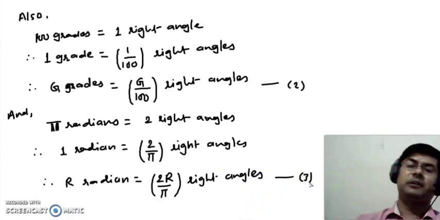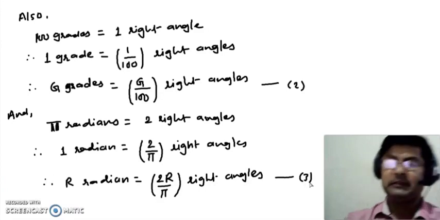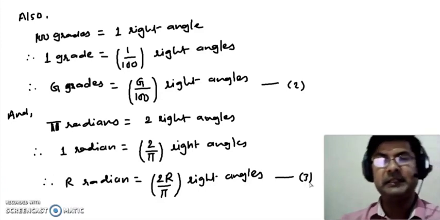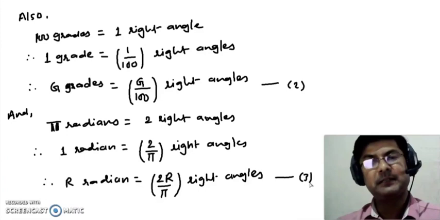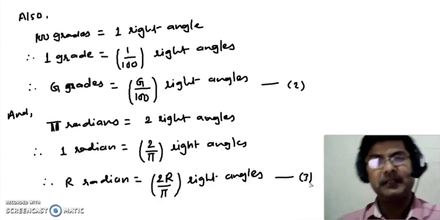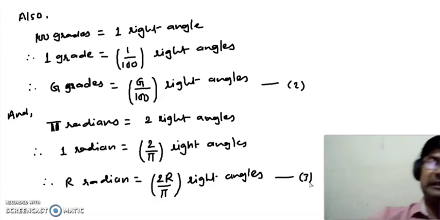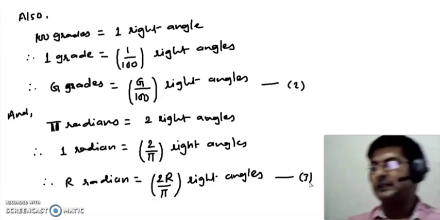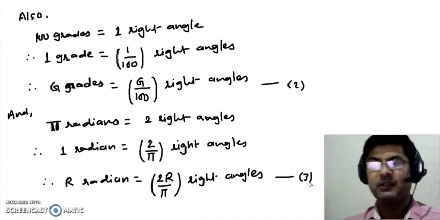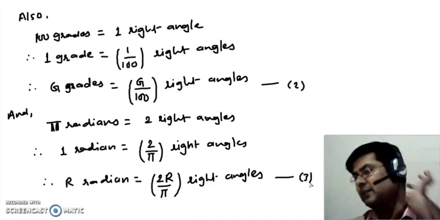Now it is already known that D degree, G grade and R radian are the measures of the same angle theta. Yes or no? In different units. So obviously the left hand sides are equal. Okay, so right hand sides of the three equations will be equal. So therefore we can equate.